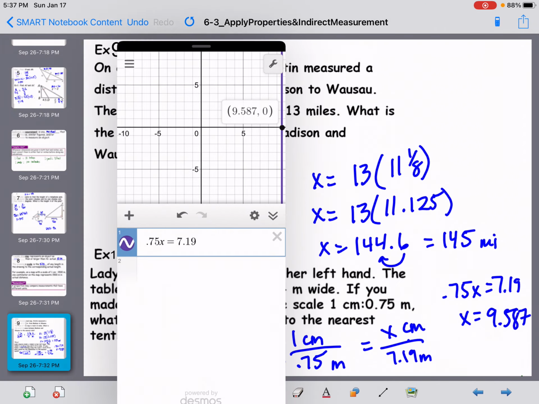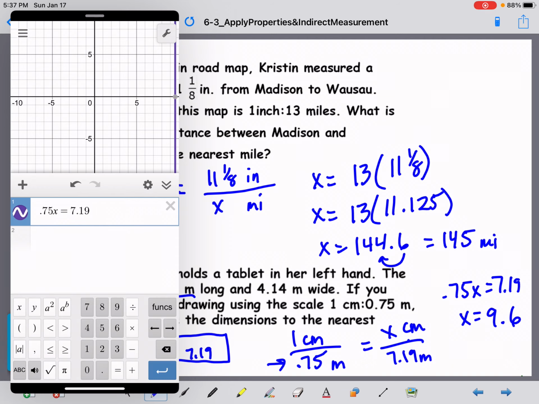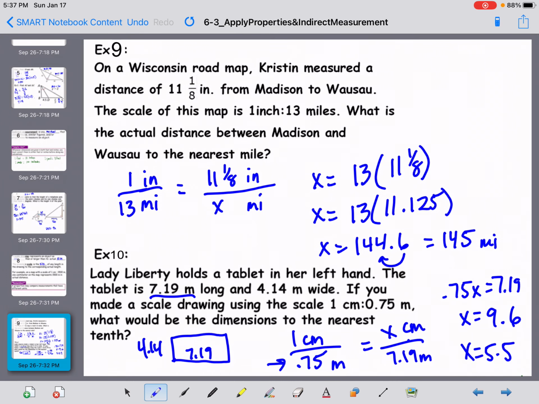What am I rounding to? To the nearest tenth, so it'd be 9.6. All right, and then the only difference is going to be, I'm going to put 4.14 at the bottom instead of the 7.9. And I'm going to take a shortcut here. 5.5. So the length would be 9.6 centimeters and the width would be 5.5 centimeters.